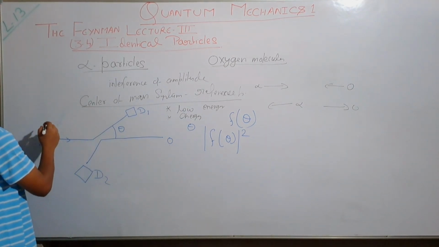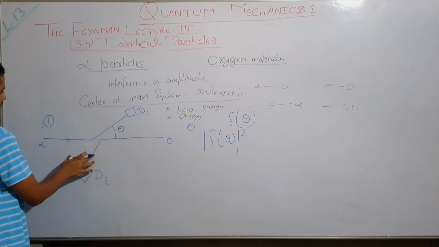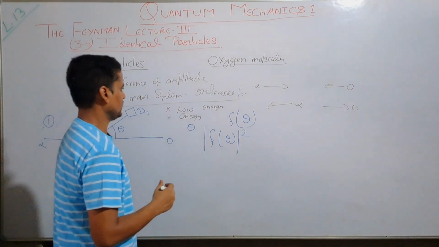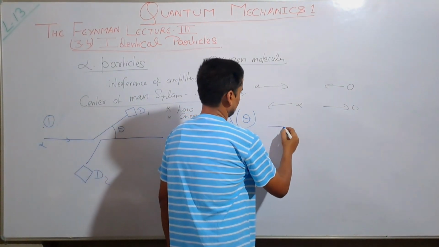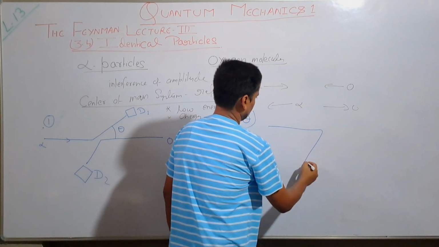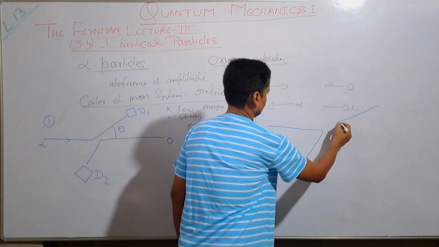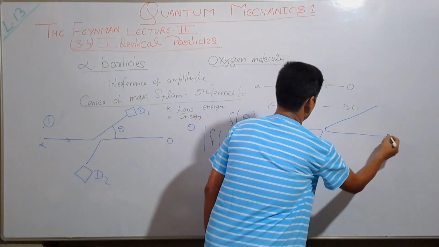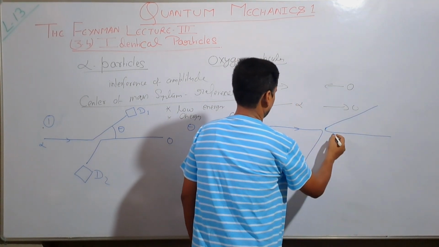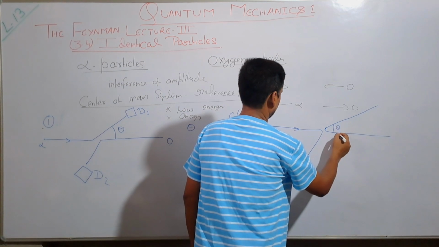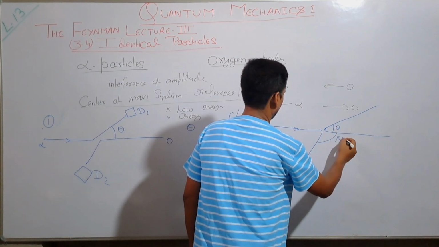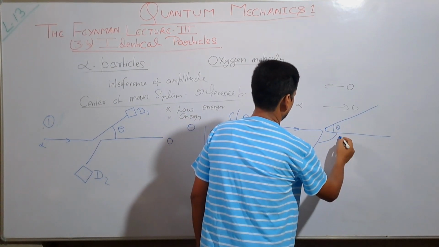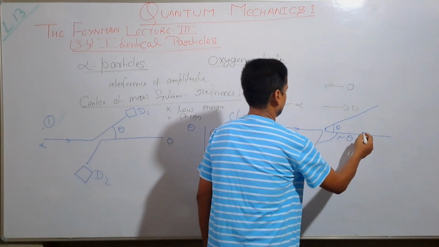We can arrange this experiment in another way. In this way, this is theta and this is pi minus theta.